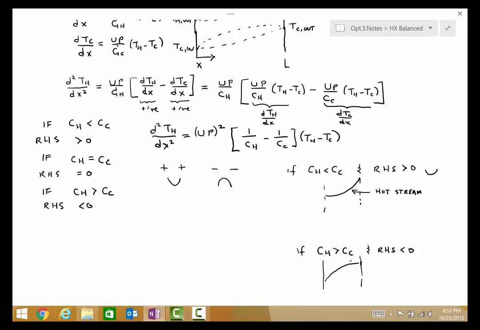And of course, if the hot stream and cold stream are balanced and the right-hand side is equal to 0, the second derivative is equal to 0 and the first derivative is a constant, which is what we knew it to be, and the temperature distribution itself is linear. So everything that we understood about this problem is evident just by using a little bit of math to explain what we saw.